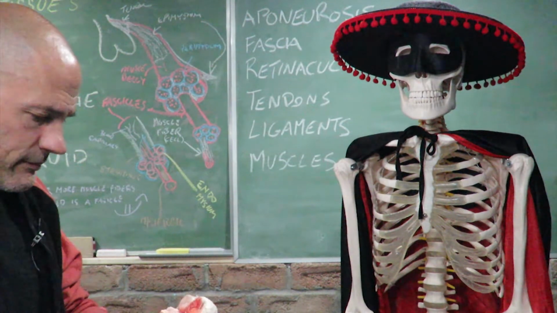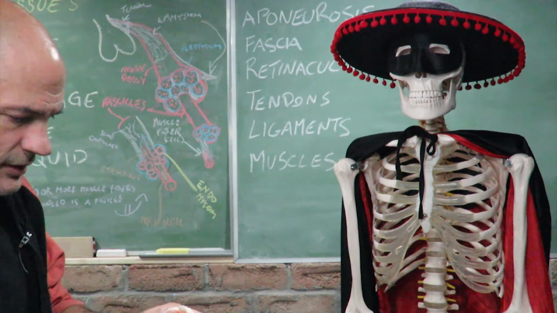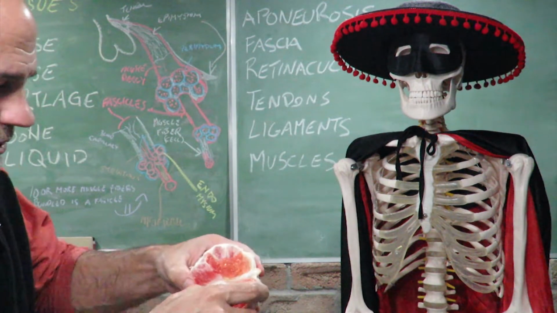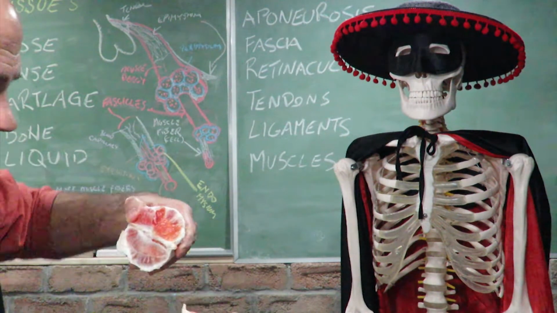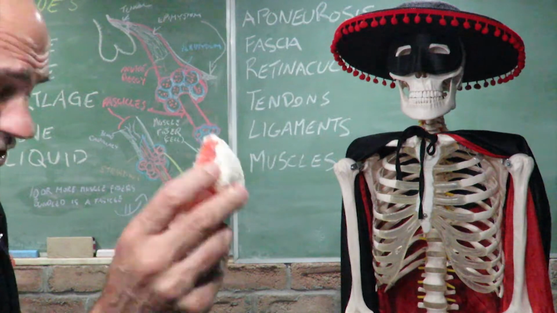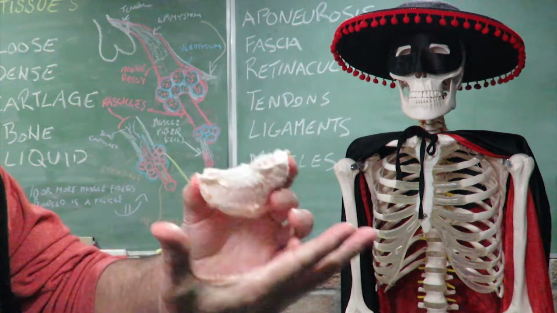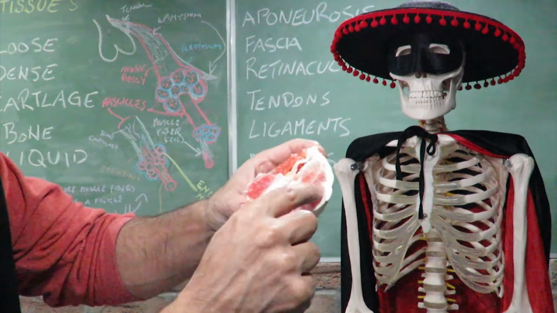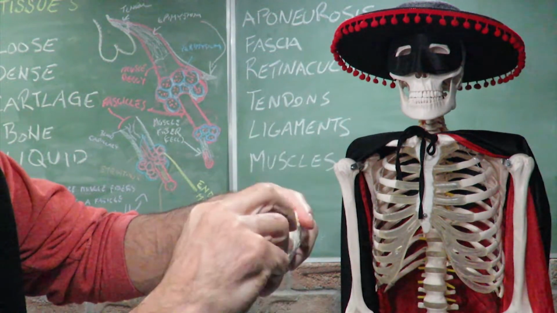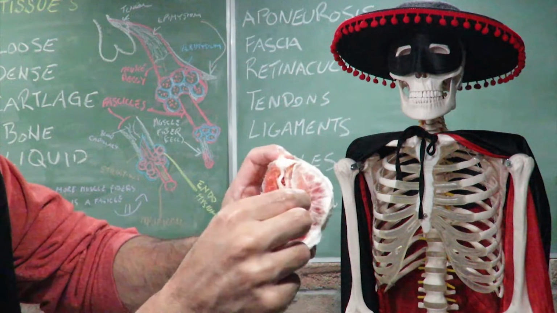there you go. Well, didn't peel the way I hoped it would, but good enough. So we're peeling this apart. Here we go. That'll do it. These wedges are like muscles, individual muscles. So you have the fascia around the whole thing, then you've got fascia around the individual muscles, and that would be this here.